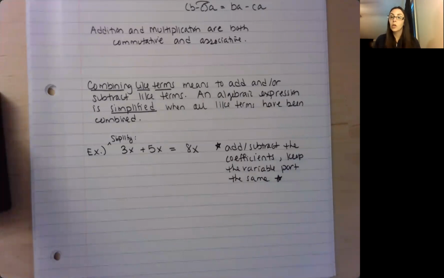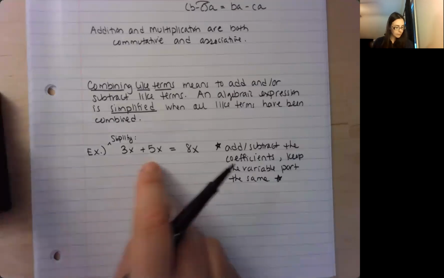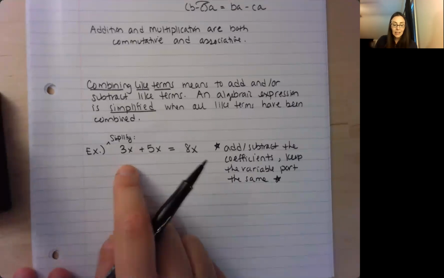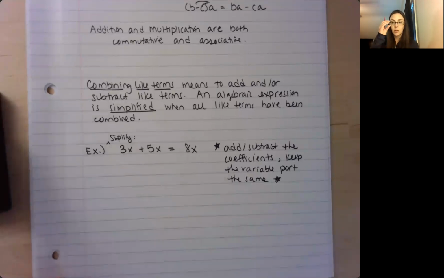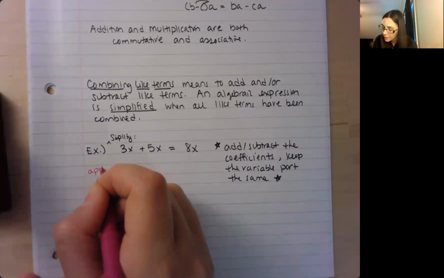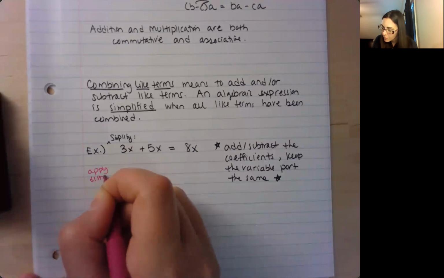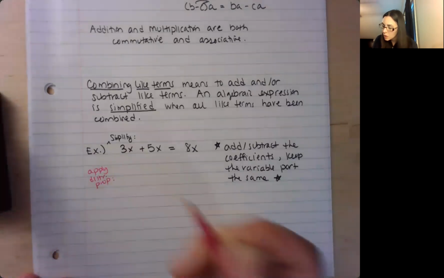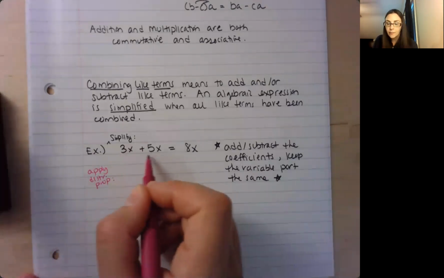So it's kind of like with units. If you add 1 inch plus 2 inches, you get 3 inches, right? We don't get squared until we start multiplying them together. So it works just like units here. Now, technically what's happening, and I don't expect you to do this every single time, but technically what's happening is you are actually applying the distributive property here. So notice that I have an x in common.